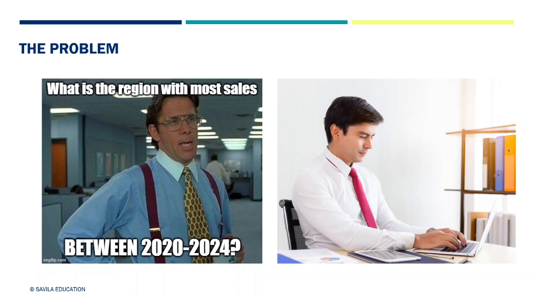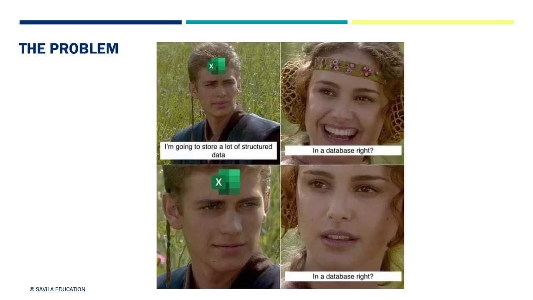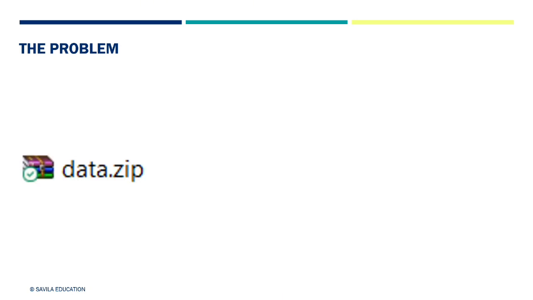He's interested in answering this question: what is the region with the most sales between 2020 and 2024? So the manager says, "Okay, Lucien, in order for you to answer this question, I'm going to share a database with you." And we already know more or less how this database is going to look.